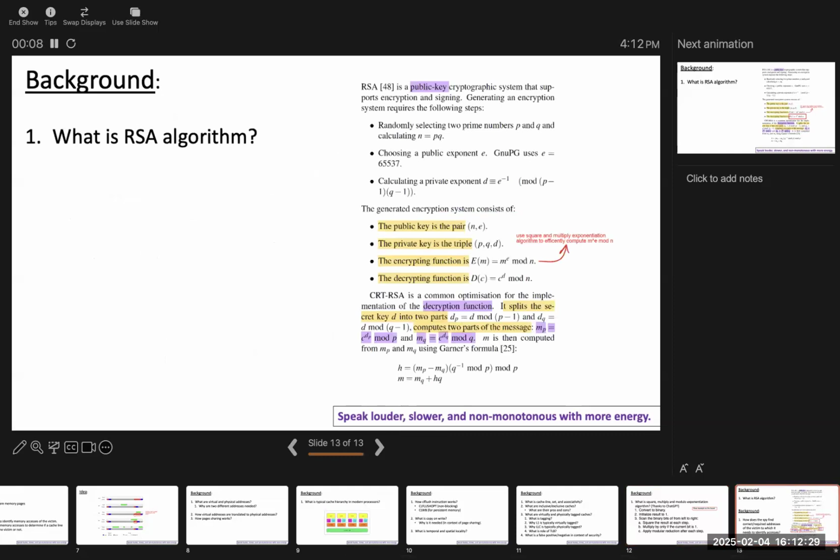To calculate MQ, what they are doing is C raised to power DQ mod Q. So first they need to calculate this exponent, right?